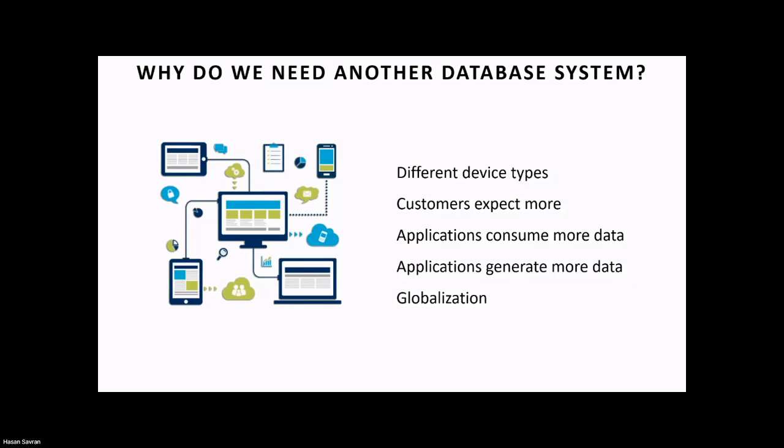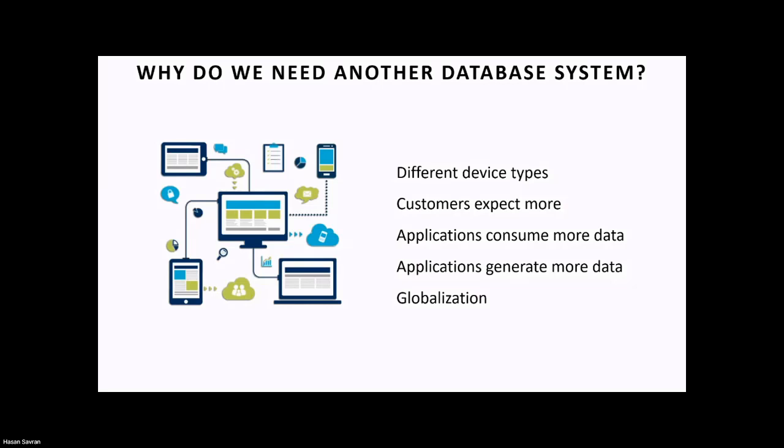Also, customers are expecting more these days. If you think about it, Amazon is trying to make their website smarter. You go to a product page, and on that page there is all kinds of other stuff you see rather than the product information. Now it actually tells you, okay, you like this product, I have other products like this.